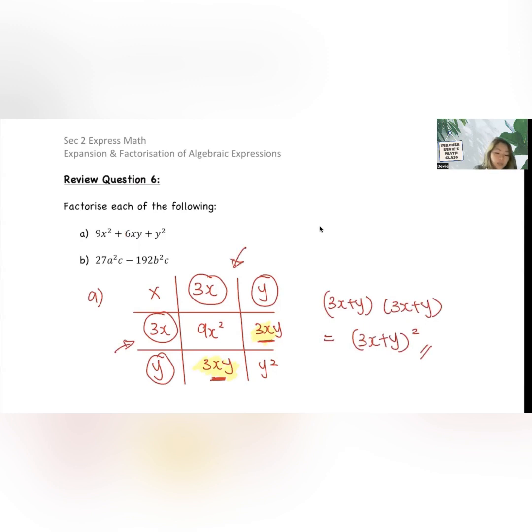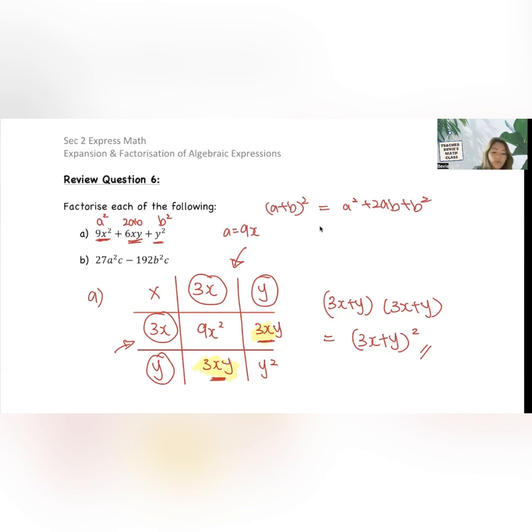It is using (a plus b) squared, which is a squared plus 2ab plus b squared. Meaning this 9x squared is my a squared, this is my 2ab, and this is my b squared. Common mistakes: a lot of students will think that my a is just my 9x.